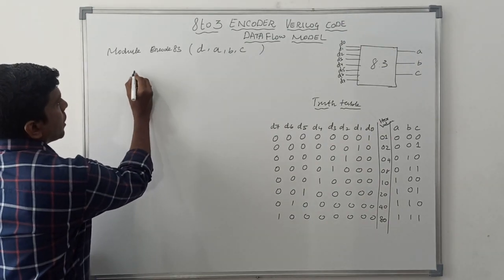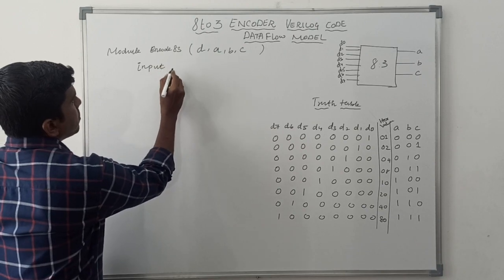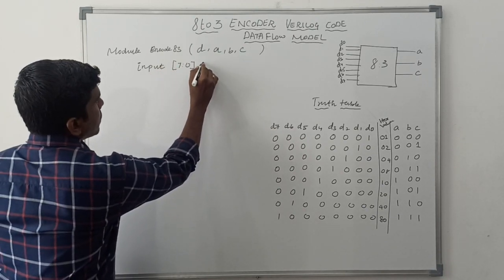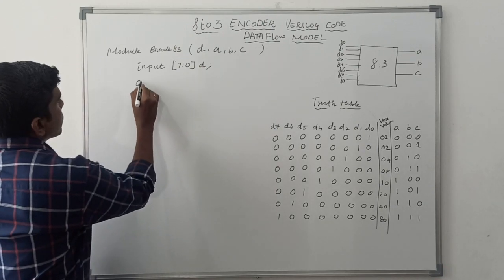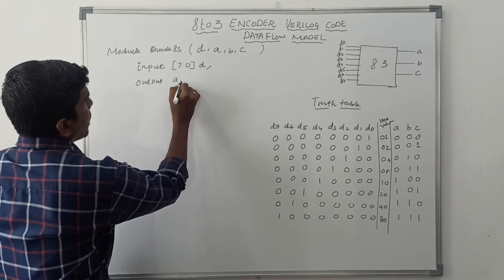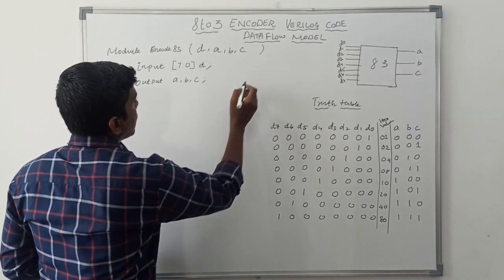Then declare the input variable and output variable. The input variable is in vector format, input [7:0] D. Then the output variables are A, B, C.